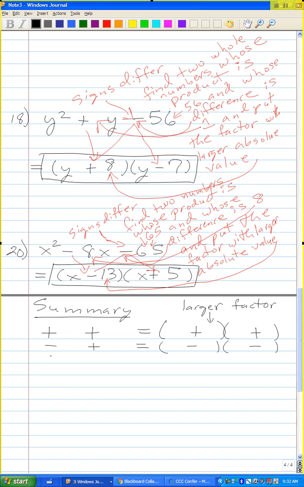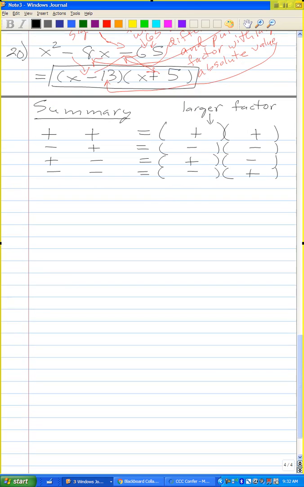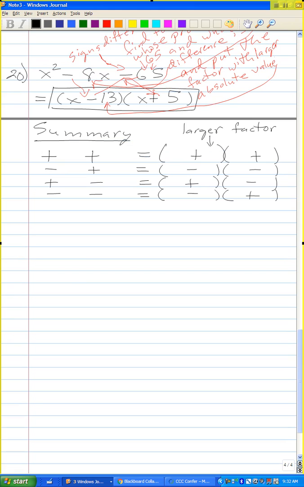If there's a plus and a minus, drop down the plus times minus is minus. Minus minus, drop down the minus times minus is plus. Okay, so that's a summary of what we did above.